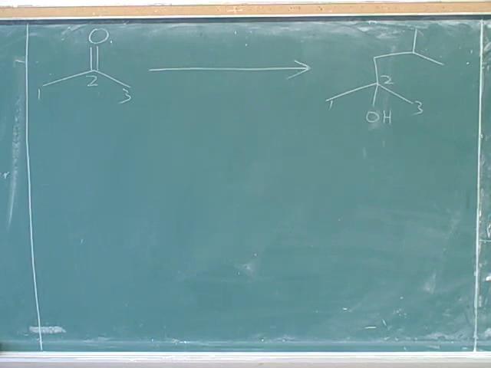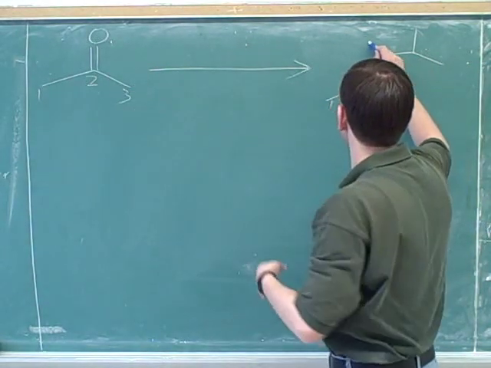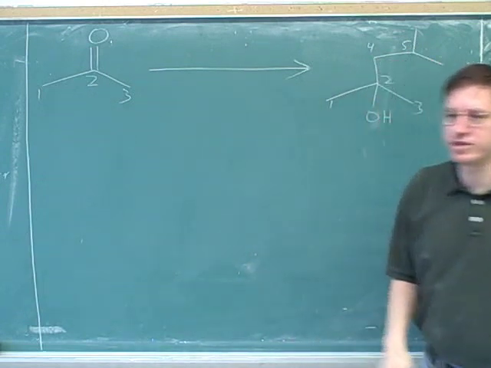So the Grignard first. Now these carbons don't correspond to anything in the starting materials, so they should get brand new numbers. That's good.